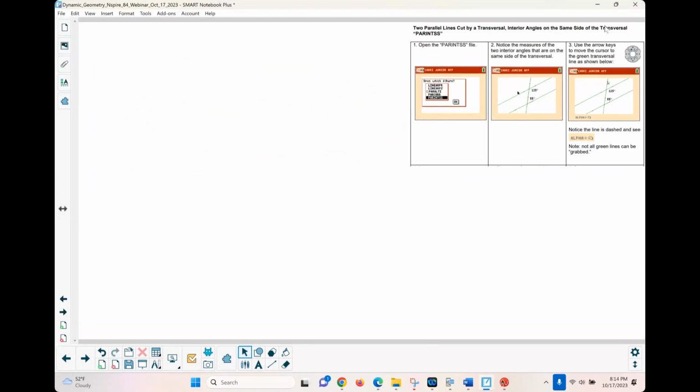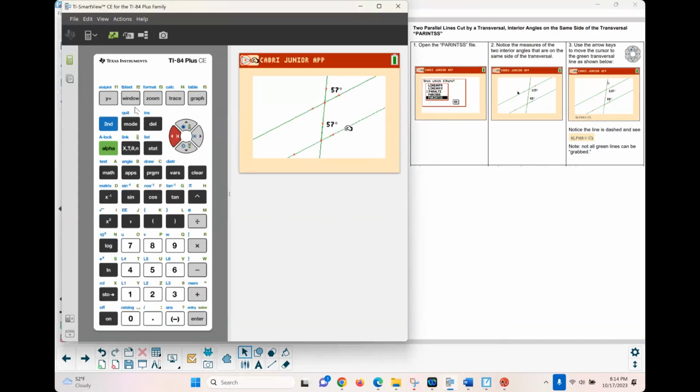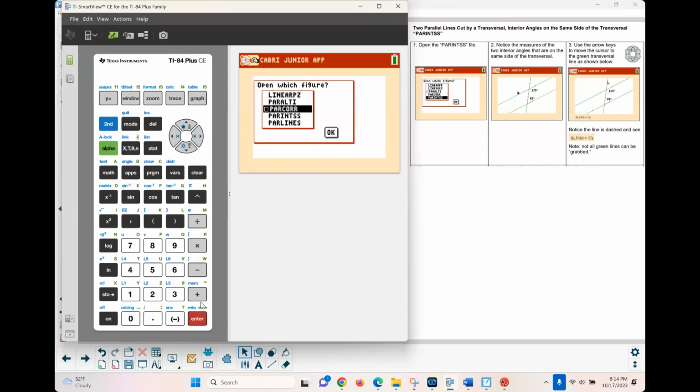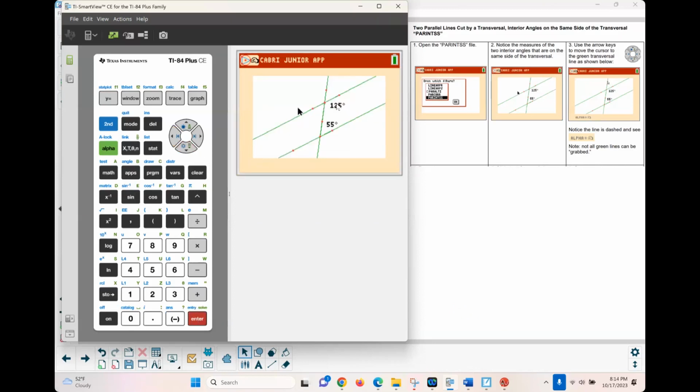I do want to look at this one, interior angles on the same side of the transversal, because that's an interesting one. So I'll open this one. This is the one where I will show the calculation. This is parallel interior same side, that's with my 8-letter abbreviation. And you can see that one angle is 125, one's 55.